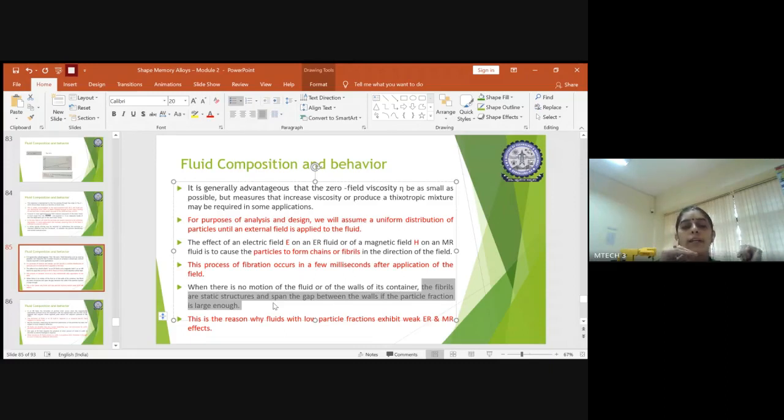So when there is no external pressure or electric field, the fibrils or the particles will form a static structure. It will not be moving. Static always refers to stagnant and dynamic always refers to movement. So these structures will be held stationary and there will be a particular gap between the walls.